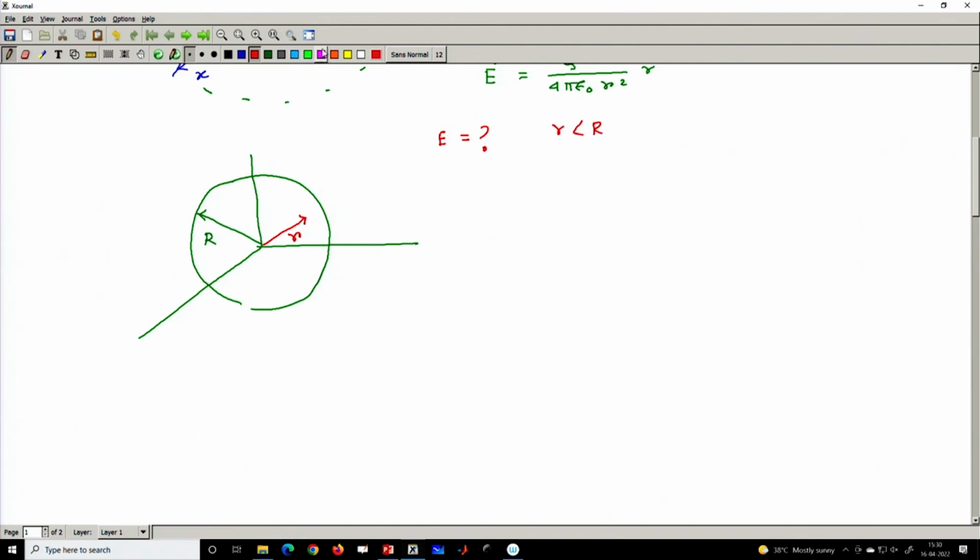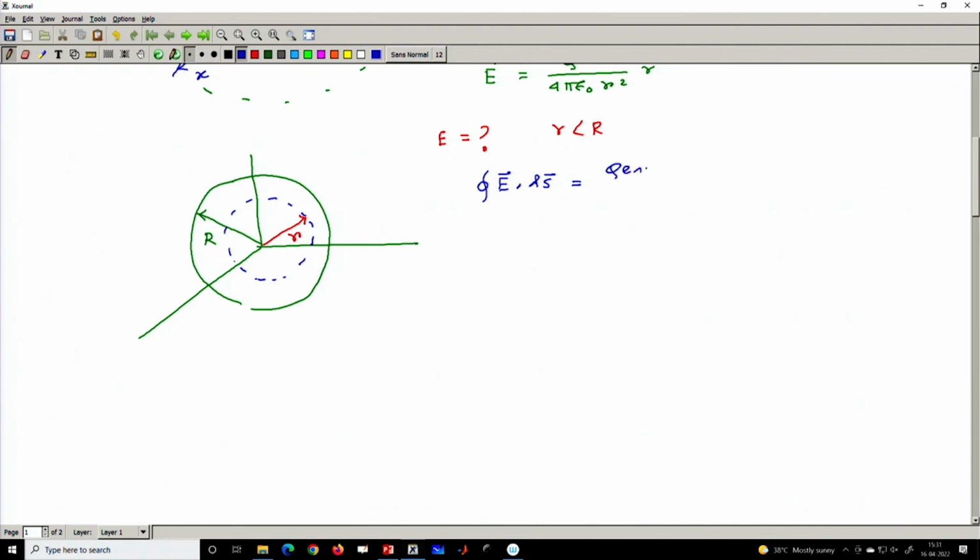Okay, so we are going to use the same process, we will make a Gaussian surface here, and that surface is essentially a sphere as per the symmetry given. For that, now I have the closed integral of E dot ds equal to the charge enclosed divided by epsilon 0.